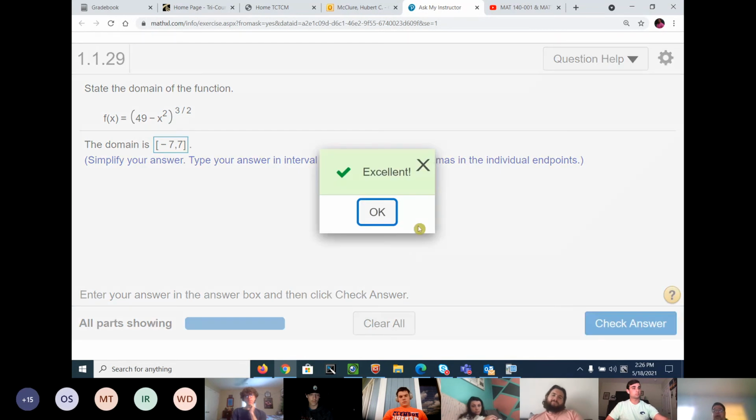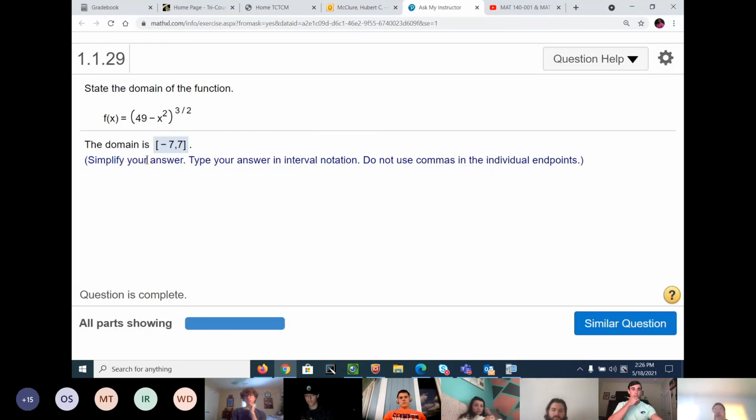Now, I know of 2 reasons why it may mark this wrong. 1, you didn't use brackets, because of the exclusive versus inclusive. 2, the negative that you use has to be the good negative. If you look on your calculator, you will see 2 negatives. There's a subtraction symbol, and then there's a negative in parentheses down at the bottom.